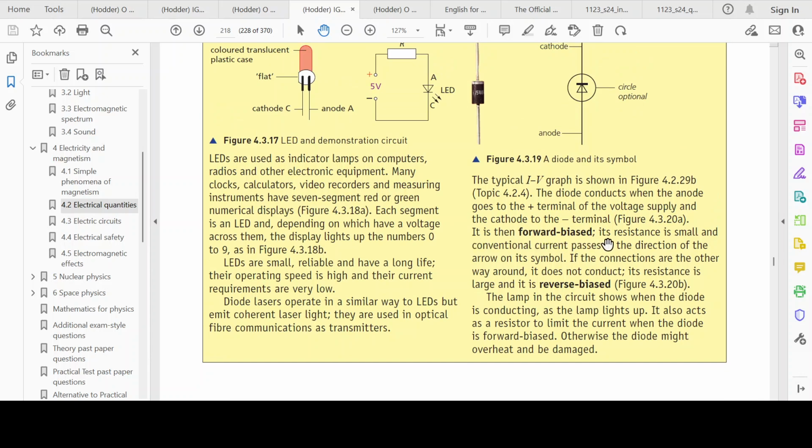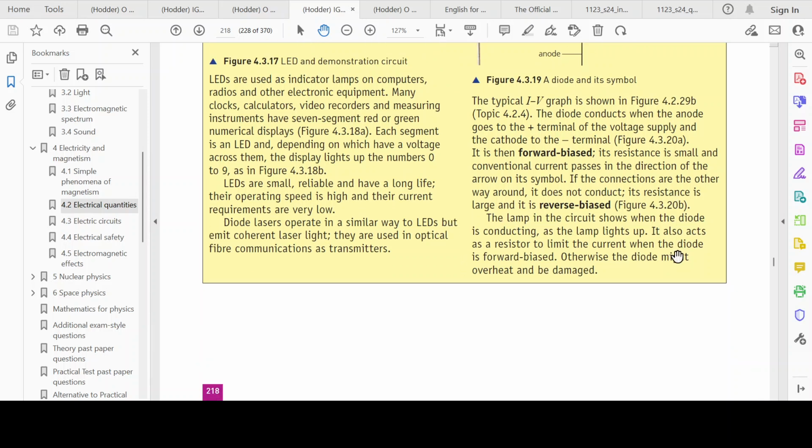It is then forward biased, its resistance is small, and the conventional current passes in the direction of the arrow on its symbol. If the connections are the other way around, so the anode is connected to the negative terminal and the cathode is connected to the positive terminal, then it's reverse biased, the resistance is very high, and it will not allow current to be conducted.